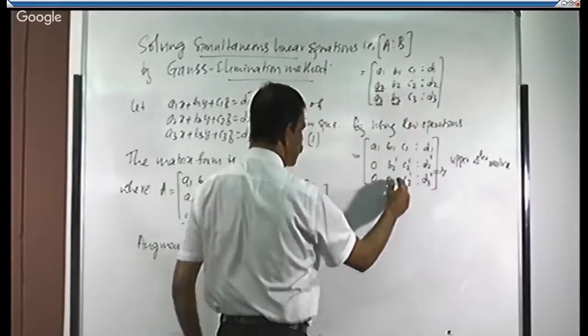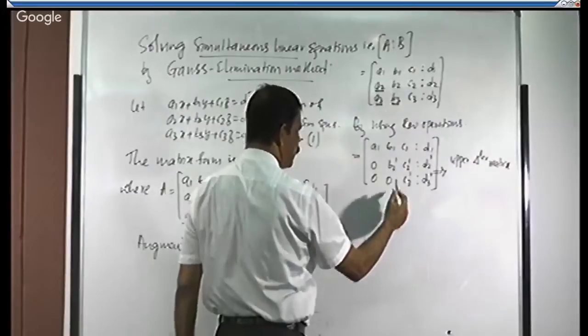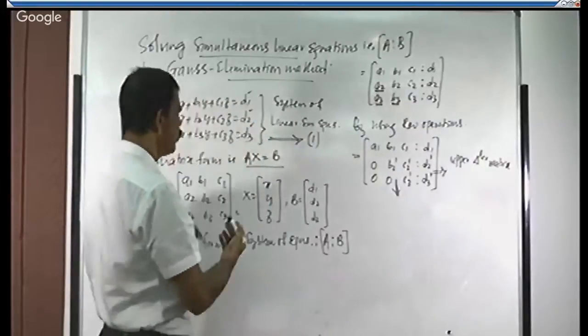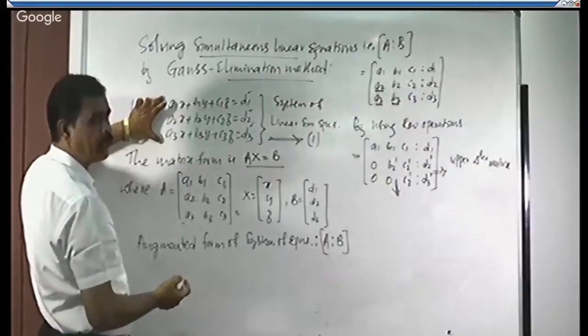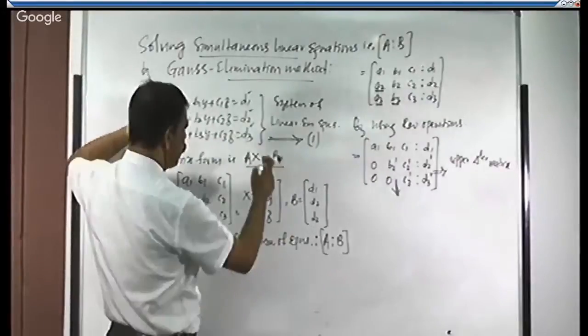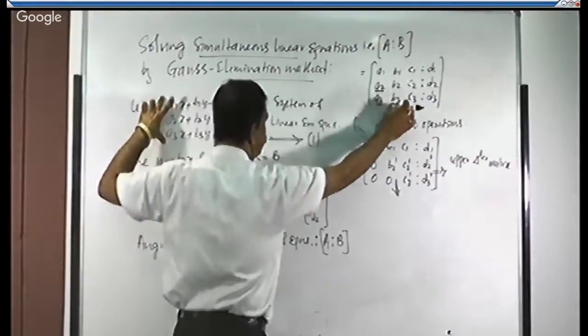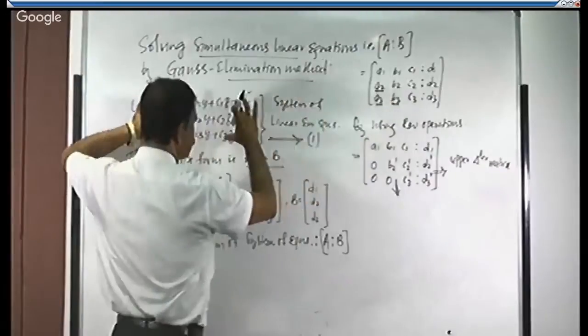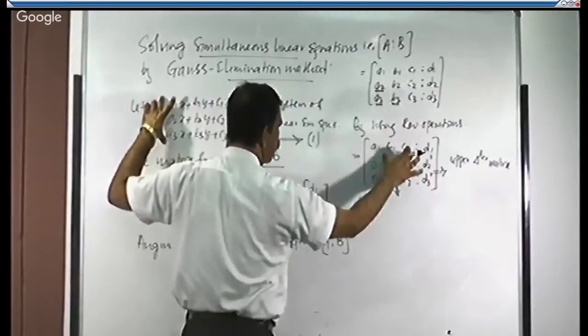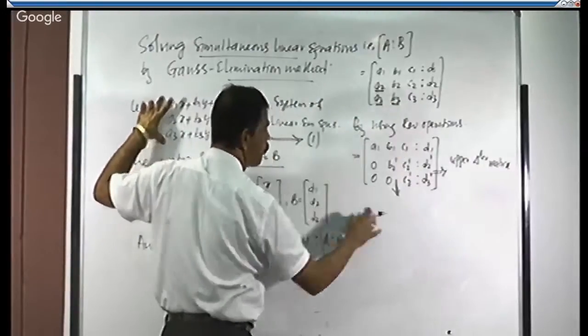So this augmented form is taken again to its equivalent system of equations. We have taken this from a system of equations. We have used row operations. Then again, we are going back.